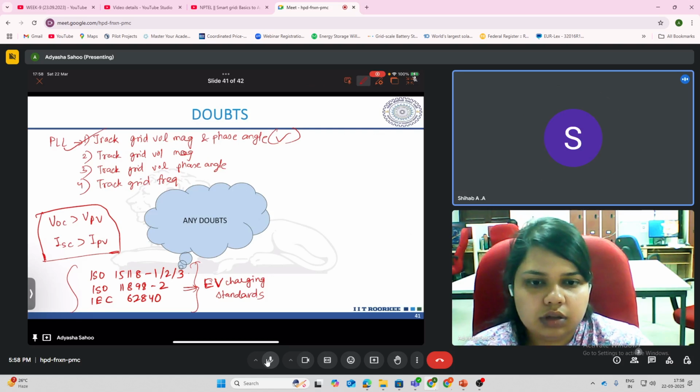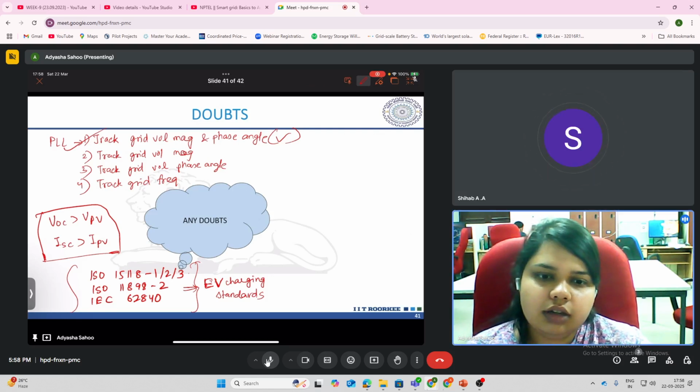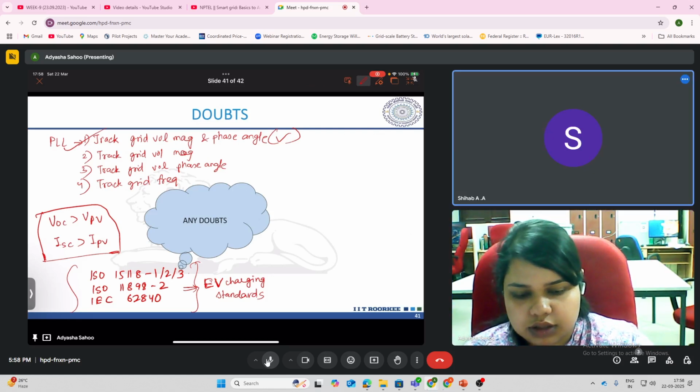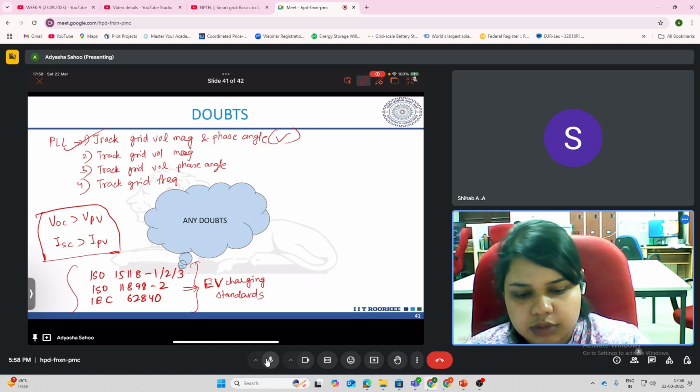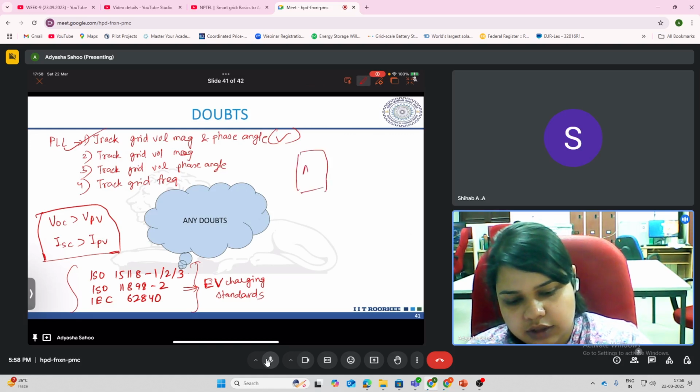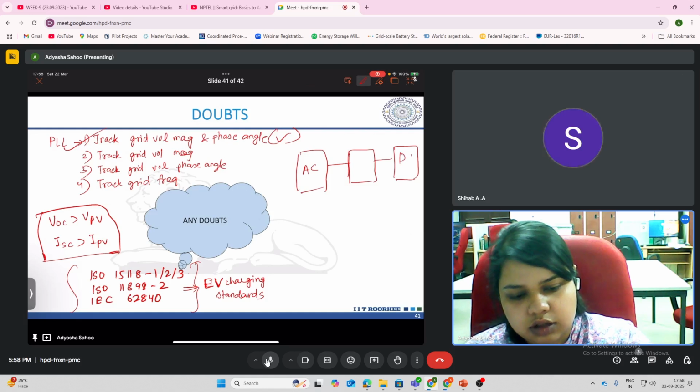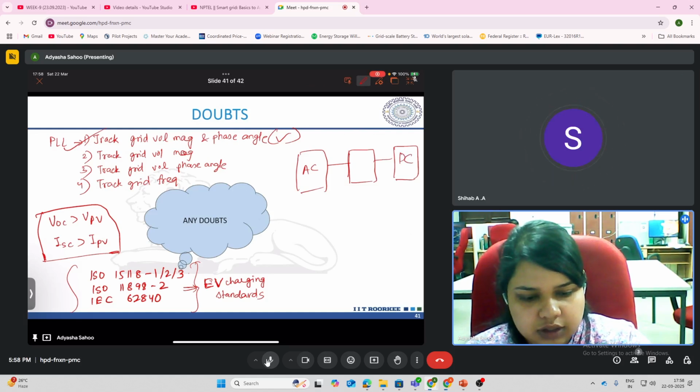Working principle, in the sense, I think that we will see in the next class also. Basically, it will act as a bidirectional converter, where you have one side AC, then this interlinking converter, and you have a DC side. If there is excess power here, then you want the power to flow from DC to AC side.